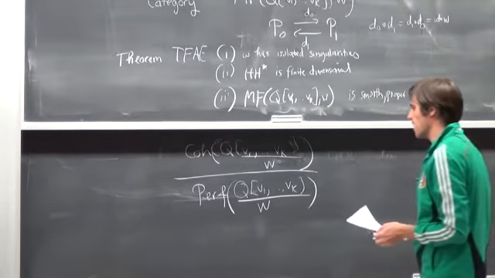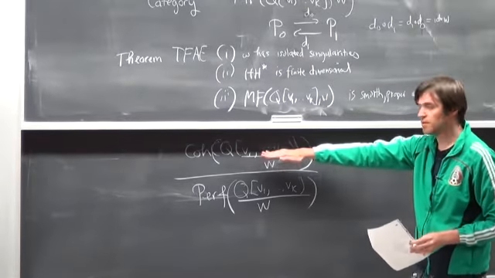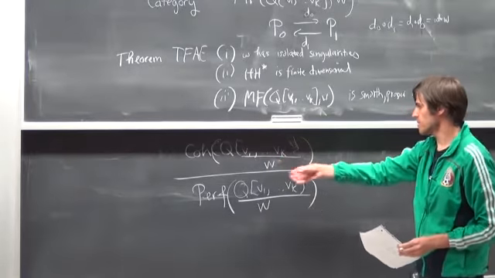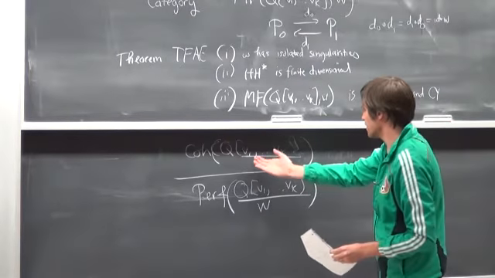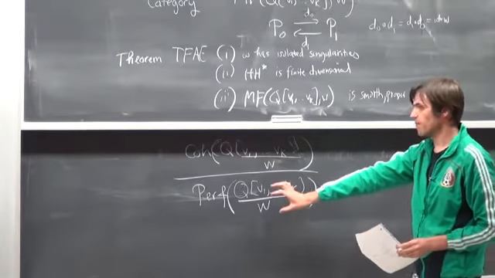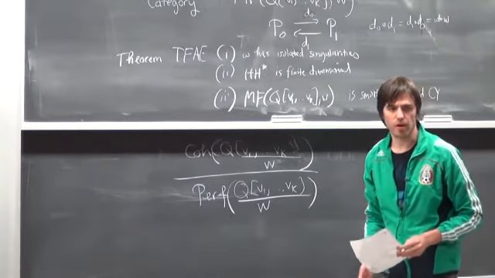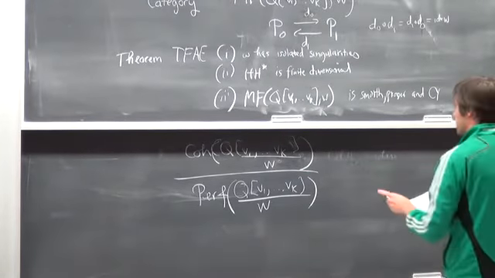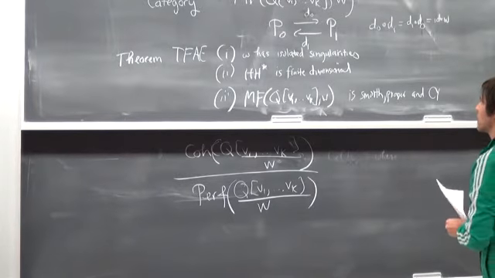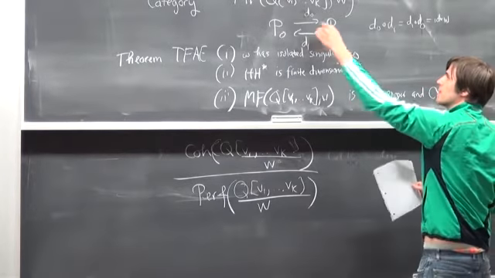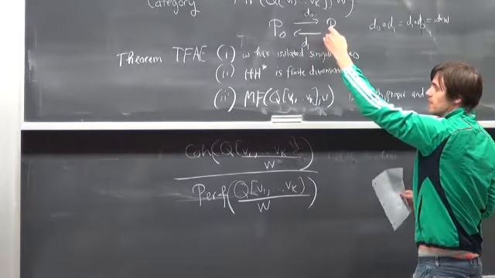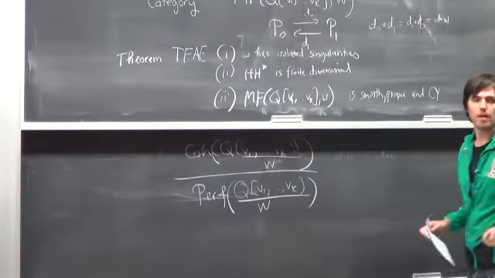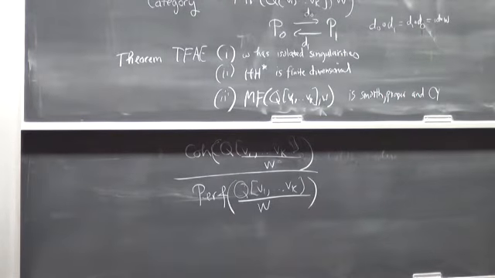This is called the category of singularities. Coherent just means finitely generated, and perfect is in the sense we were talking about earlier. This category is equivalent to the category of matrix factorizations: if you take the co-kernel of D naught, you get a coherent sheaf, and that's the equivalence.